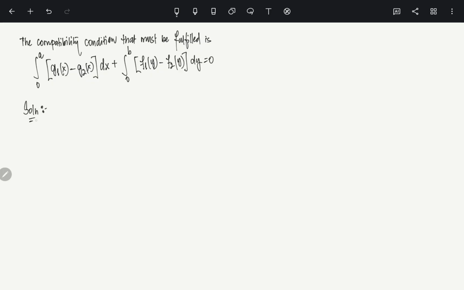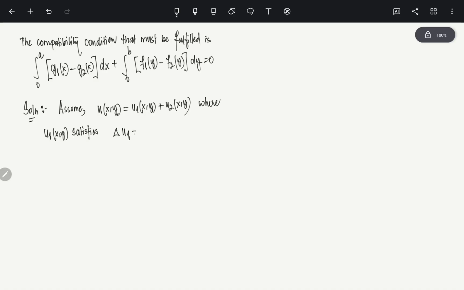What do you do? So let's say that we assume that u of xy is nothing but u1 of xy plus u2 of xy. Again, a similar sort of thing. So we want to break it up, a decomposition, where u1 of xy satisfies this equation: Laplacian of u1 is 0.